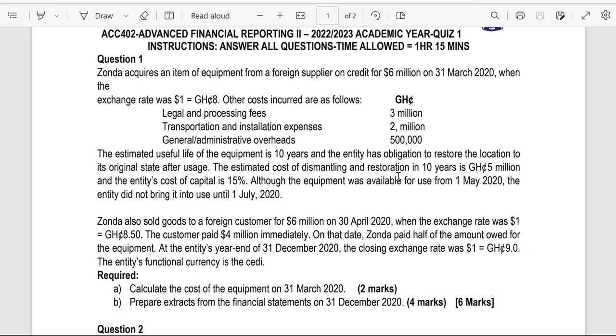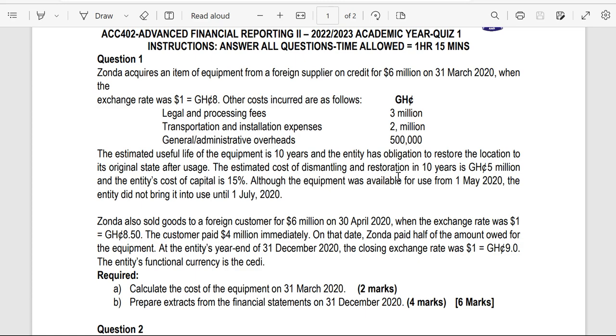And in addition to that, there were other costs that were incurred as well. And so you have to put the costs together and also identify the monetary items, and then you convert and translate them at the end of the year. So that's what question 1 is about.